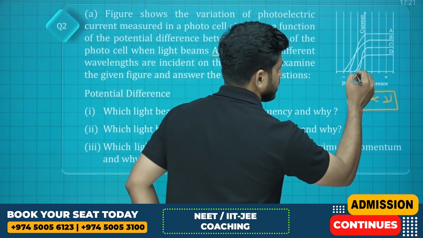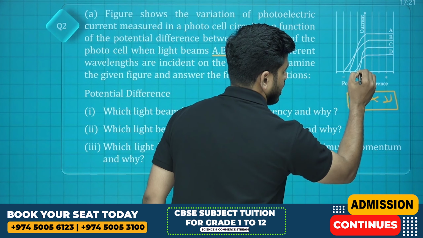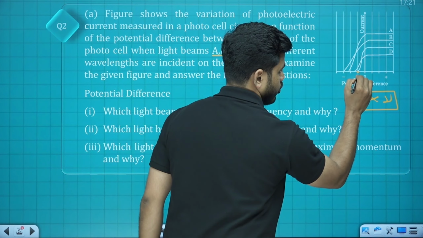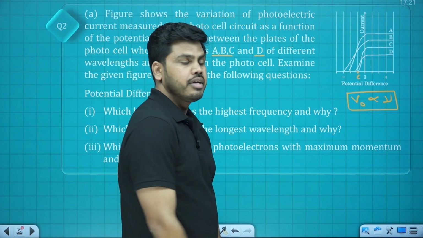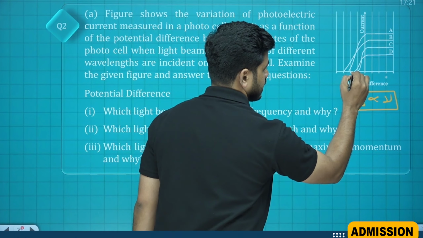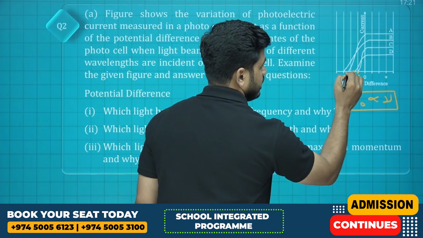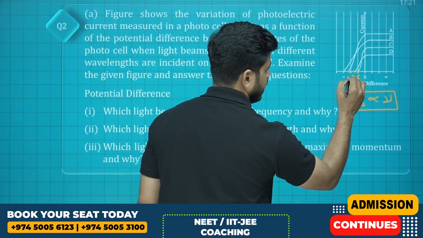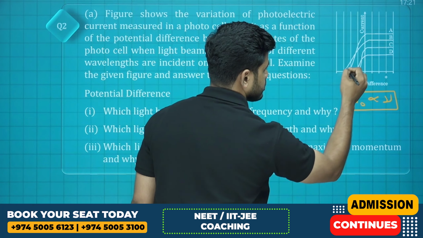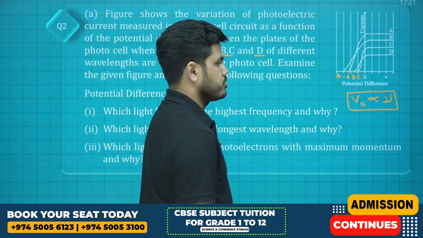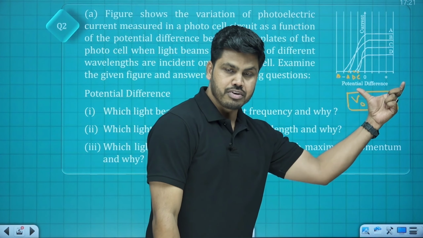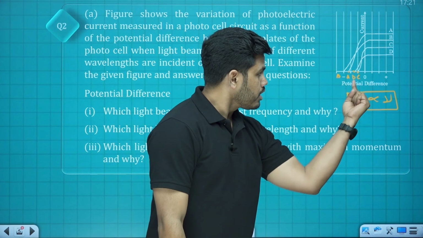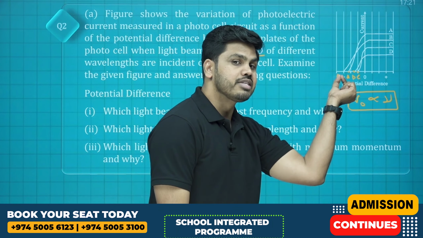So here, if you check the stopping potential, this is the graph B, okay, sorry, C. For C, this is the stopping potential. And look at this, the graph D is this one. Then this is for graph A and this is for graph B, okay? Closely observe the graph given and identify the meeting point on the x-axis.